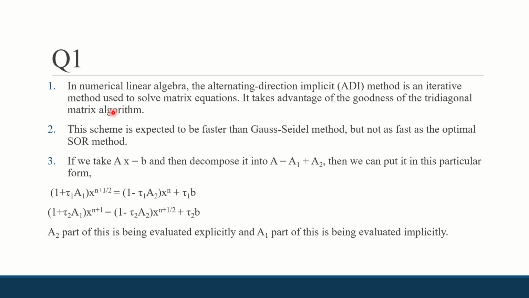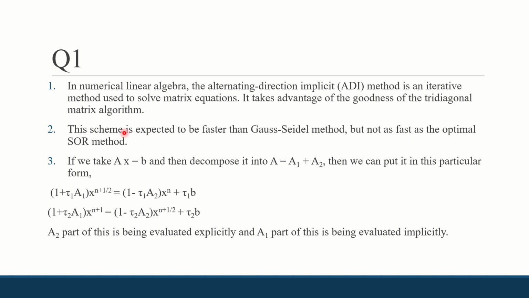Basically, we know how to deal with the tridiagonal matrix algorithm, so this splits the matrix into two. So this one is an iterative technique. This scheme is expected to be faster than the Gauss-Seidel method, but not as fast as the optimal SOR method.